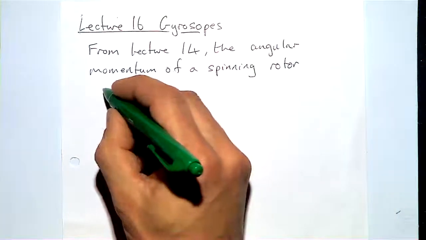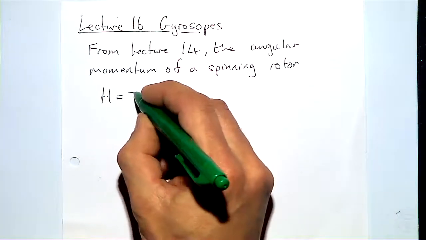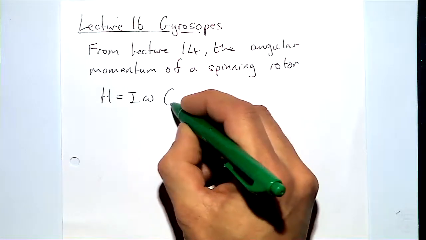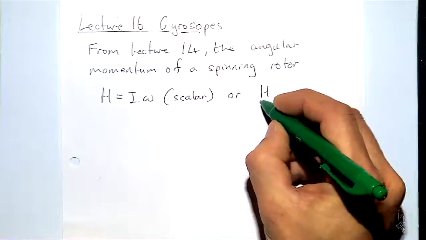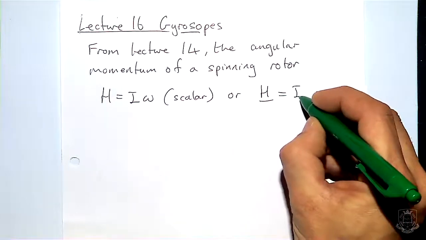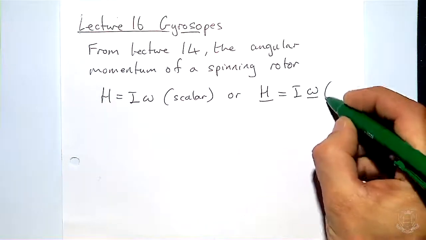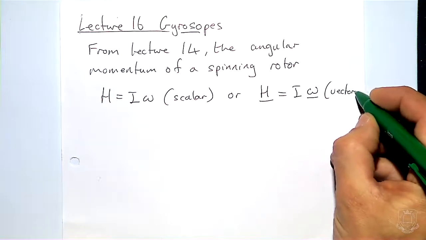We can do the scalar form: we can just write that h is equal to I omega. That's the scalar version. Or as a vector, the vector h is equal to I times the vector omega.